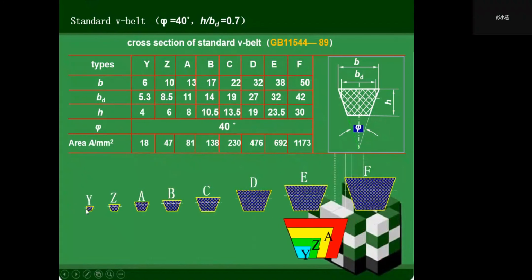Remember, this is the cross section of Y. This is for Z, A, B, C, D, E, F. From Y to F, the cross section will increase.